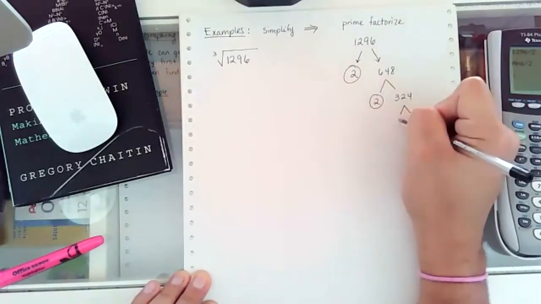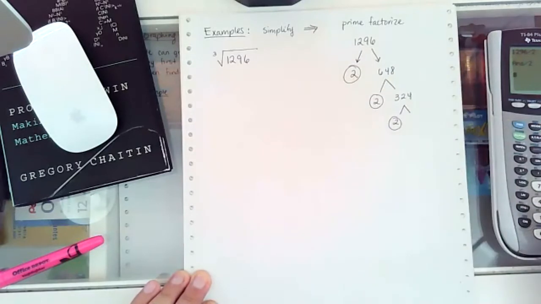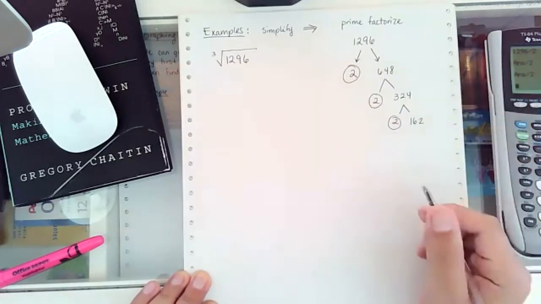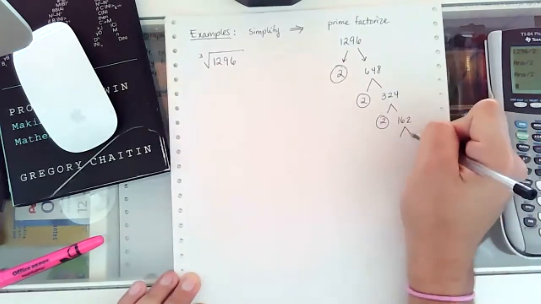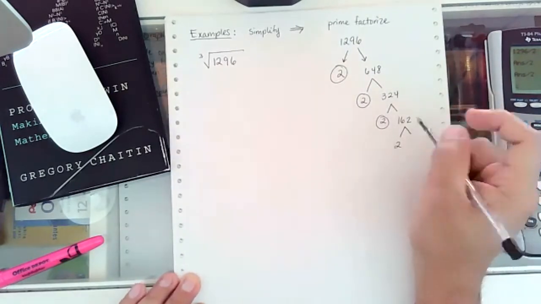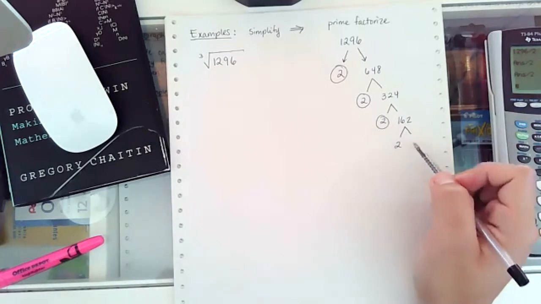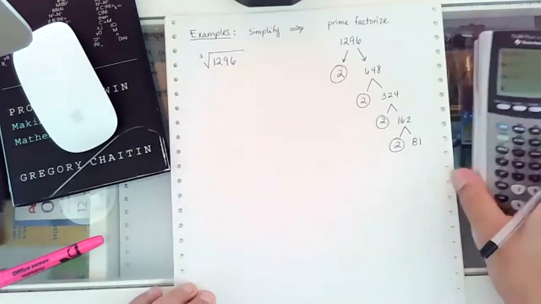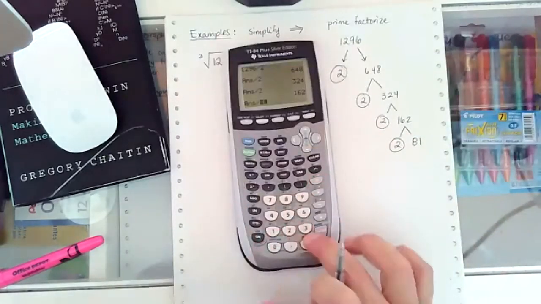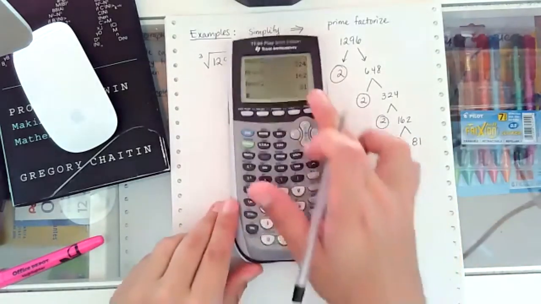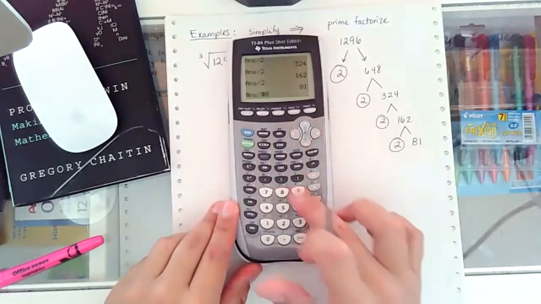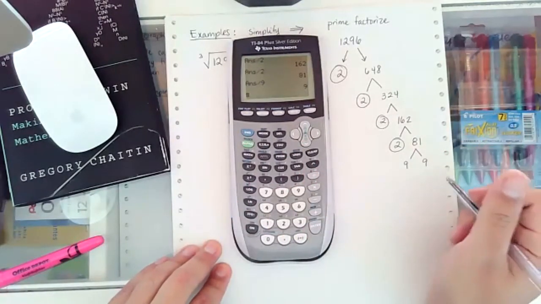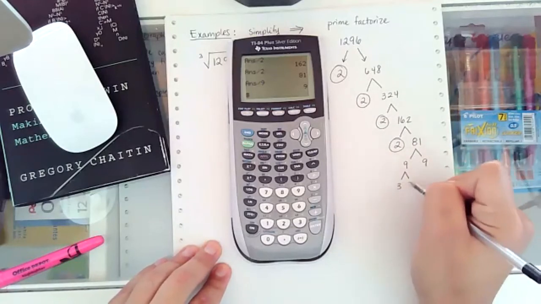We can just keep on breaking this down by 2. 162. This breaks down by 2 again. Should be 81. Just to double check, divided by 2. We can divide this by 9. And then the 9s divide into 3s.